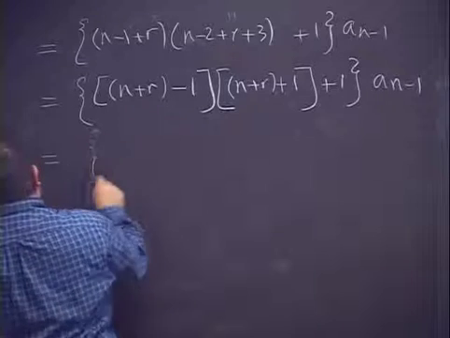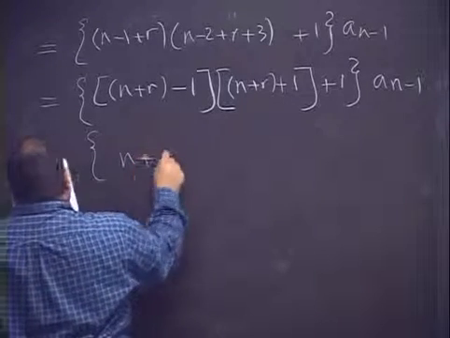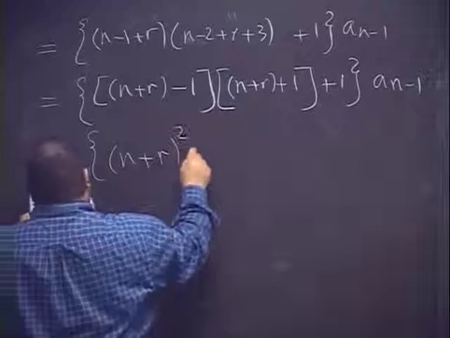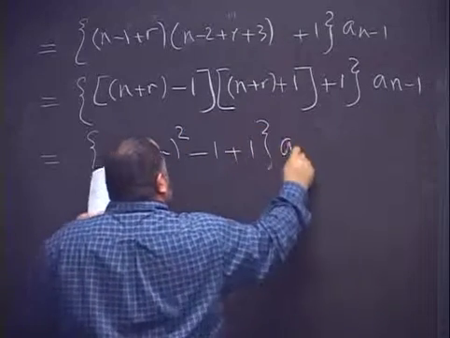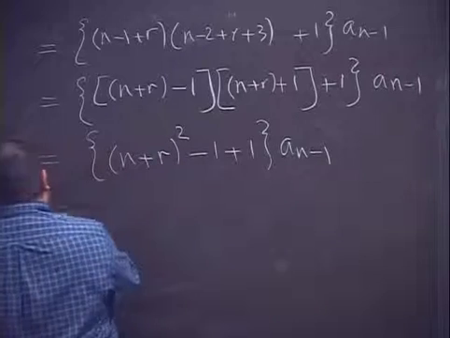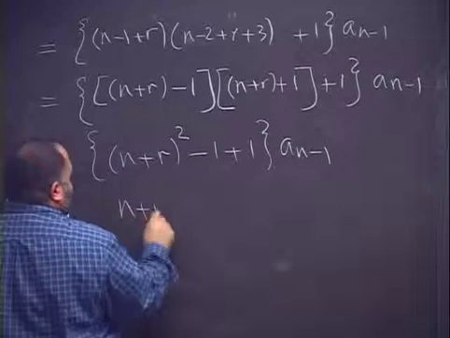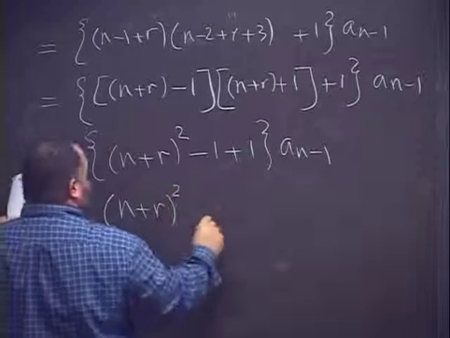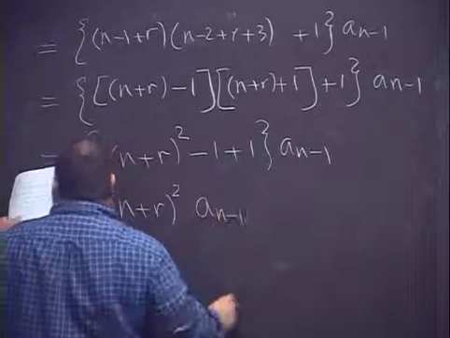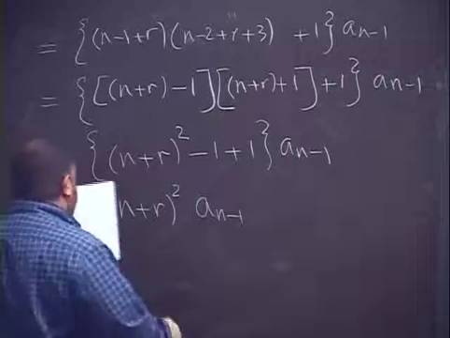Again, this will give you (n plus r) all squared minus 1 plus 1, a_(n minus 1), and finally this will give you (n plus r) all squared multiplied by a_(n minus 1).